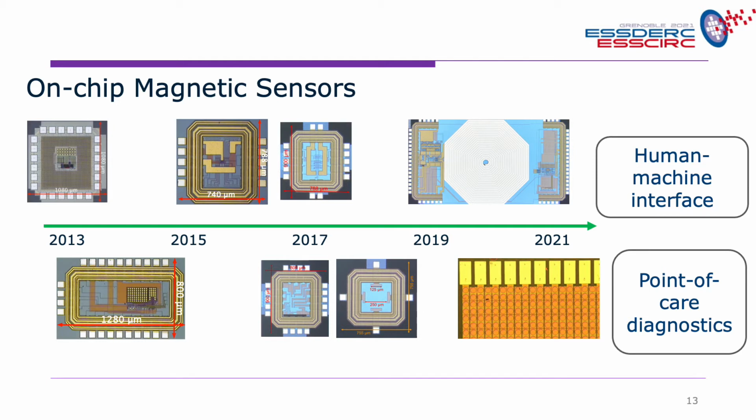Our aim was for two main applications: one, human-machine interfaces, and the second, lab-on-chip point-of-care diagnostics. In today's presentation, I would like to give some examples of these devices that we have used for different applications.